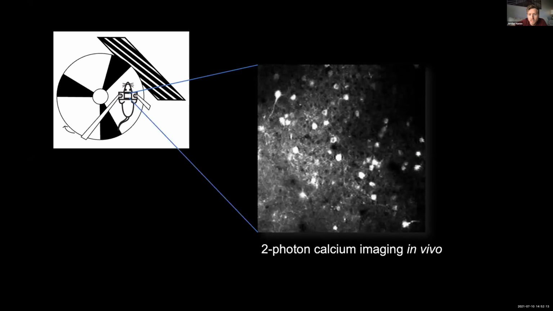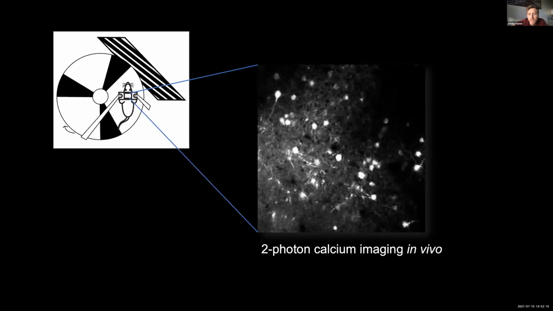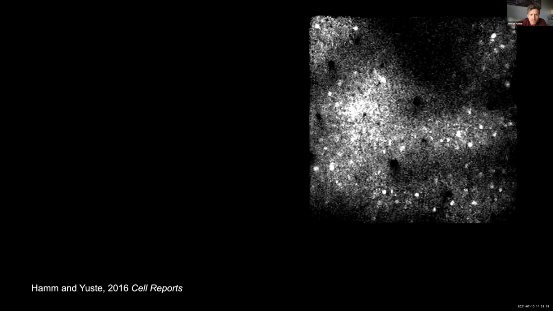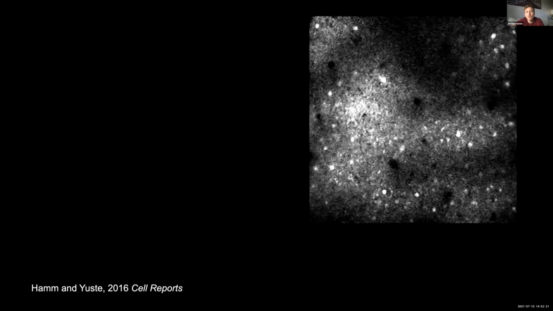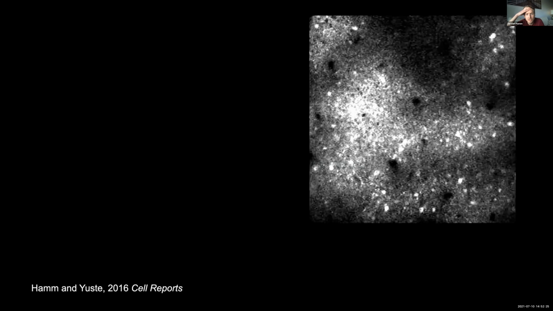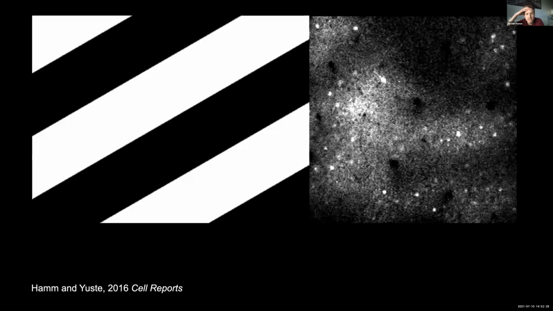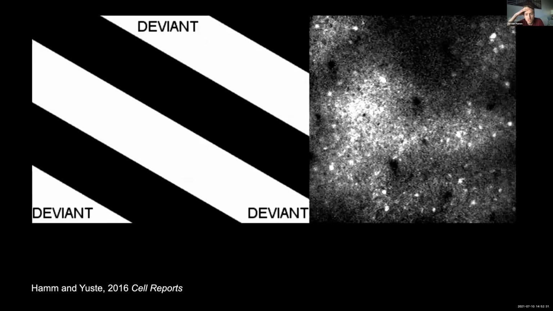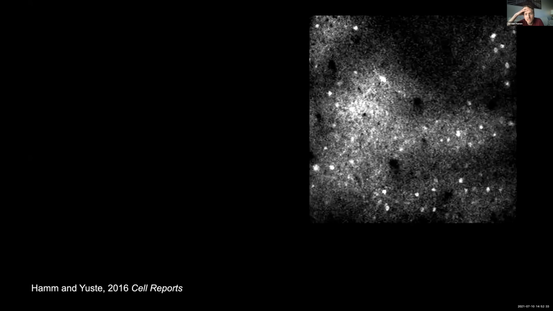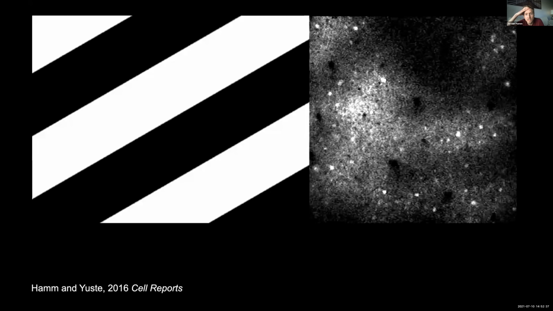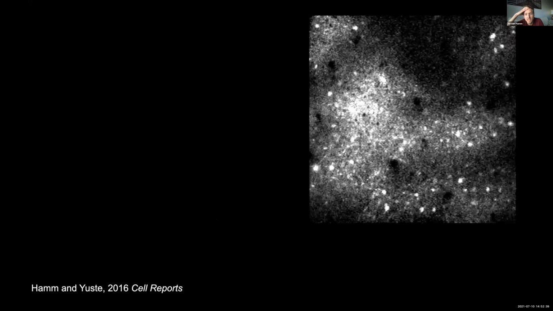So here, when you see neurons getting brighter in the image, it suggests they're firing a burst of action potentials. So here is some real-time data from this paradigm in primary visual cortex. And I've modified the stimuli on the left here just to make things a little bit more clear. But on the right, these are neurons in V1. And on the left, these are basic oriented visual stimuli that the mouse is seeing.